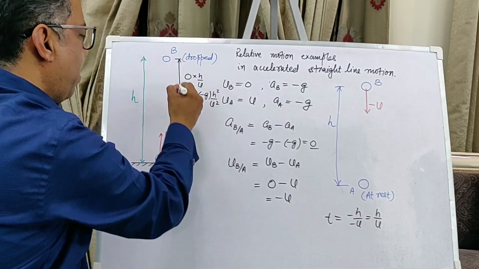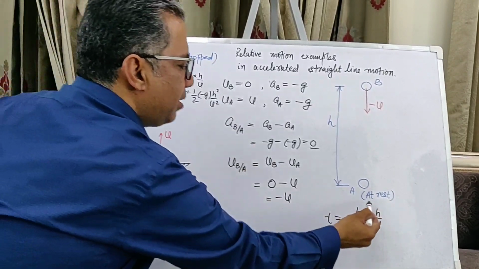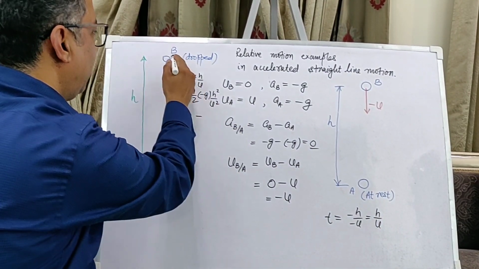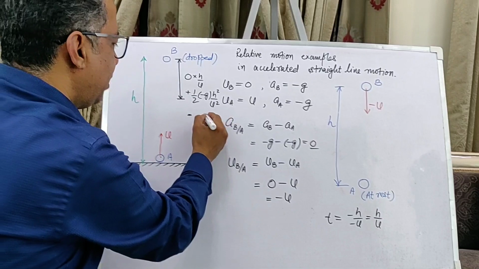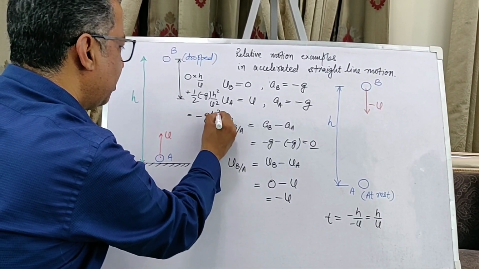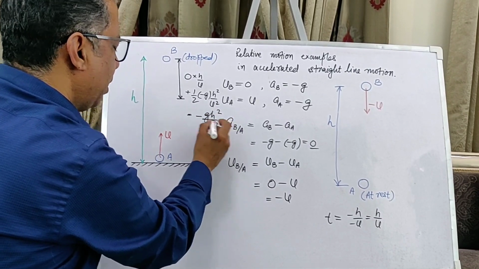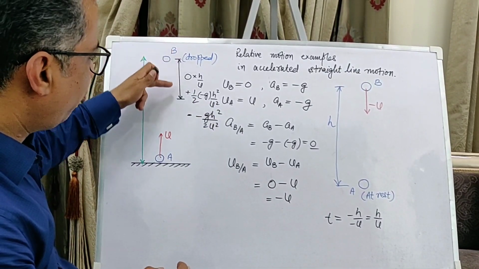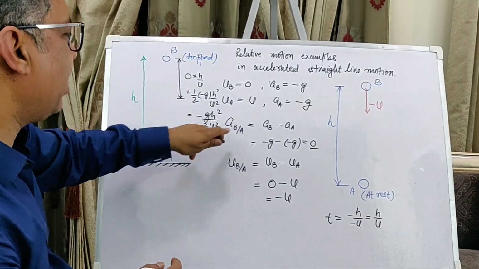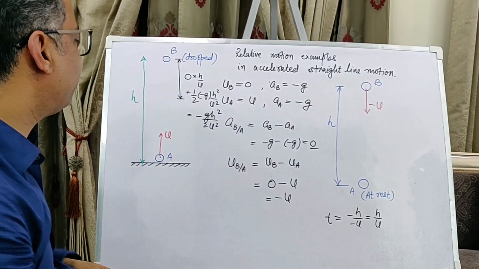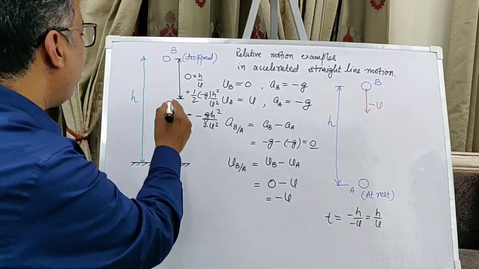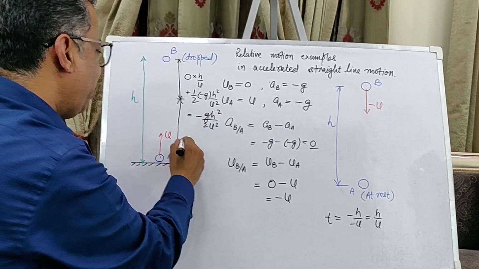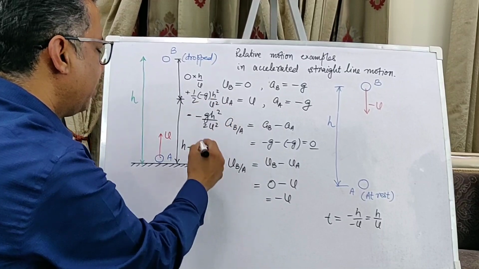So this height by which B drops in this amount of time comes out to be minus gh square by 2u square. Now the minus sign tells you that this is a downward displacement, that's why it's a negative displacement, and therefore the collision has taken place at a height equal to h minus this quantity.